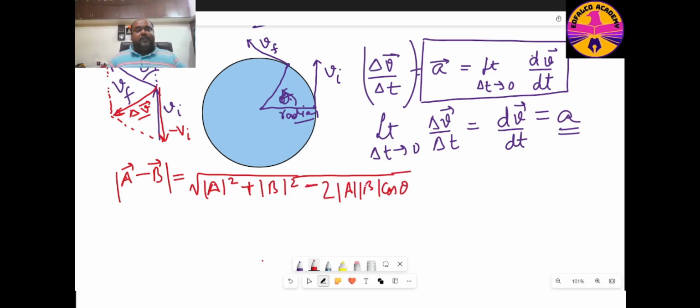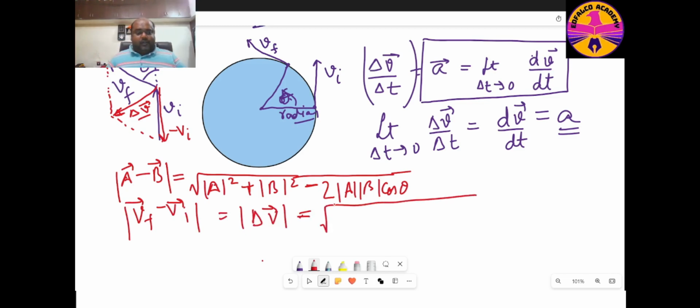Theta represents the angle between the two vectors, and here the angle between the vi vector and the vf vector is theta. So it is mod a square plus mod b square minus 2 mod a mod b cos theta. Now applying the same thing here, the mod of v final vector minus v initial vector, which gives the mod of delta v vector, will be equal to the root over mod of b vector.